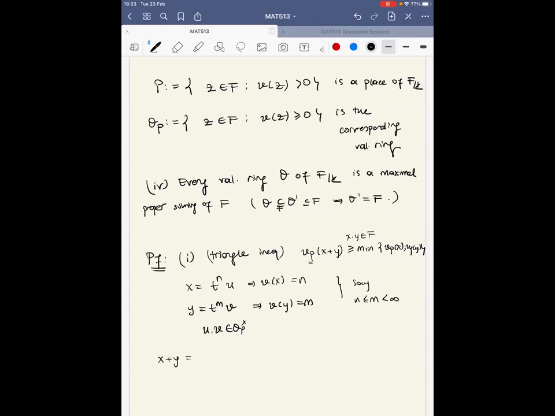And when we write X plus Y as T to the N times U plus T to the M times V, since N is less than or equal to M, we can factor out T to the N times U in parentheses.